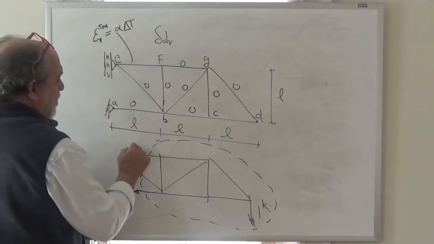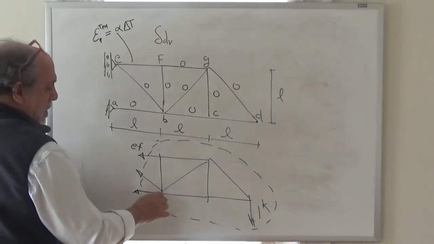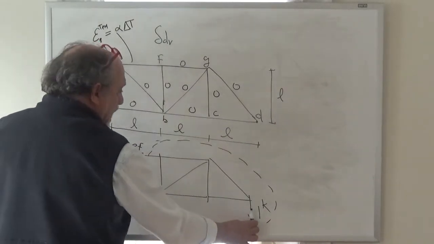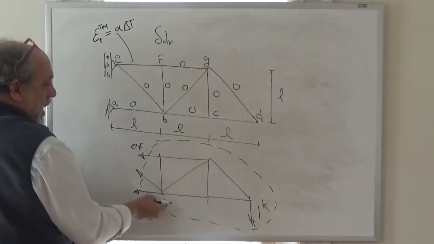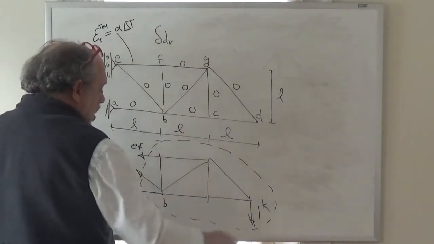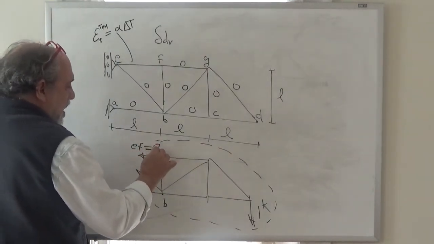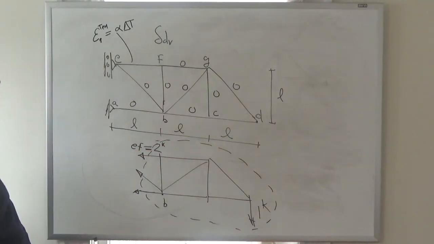And this is the bar force that we want. So if we sum moments about point B, we will see 1 times 2L equals EF times 1L. And this is rotating clockwise and this is counterclockwise, so it's quite obvious that EF is equal to 2 kips in tension, right?